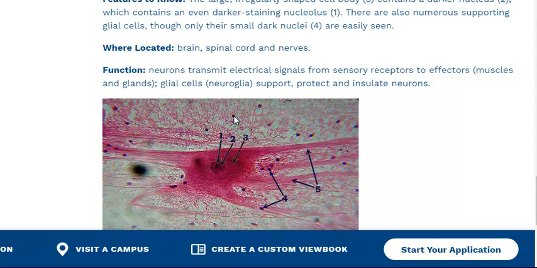If you're really applying yourself in this class and you're studying, you're actually growing new glial cells and making new connections. So you can't make any more nerve cells, but you certainly can have more glial cells and more connections between the different nerve cells in your brain, the neurons in your brain.